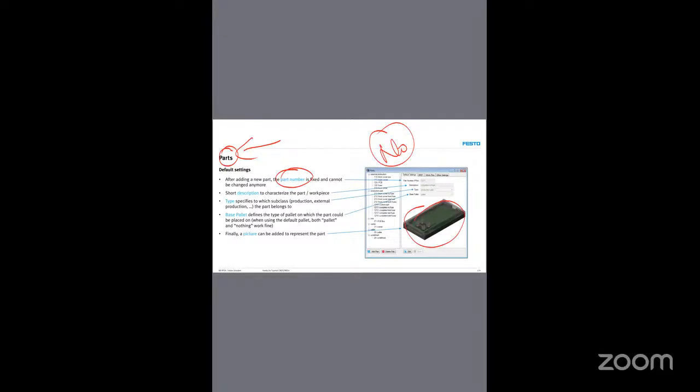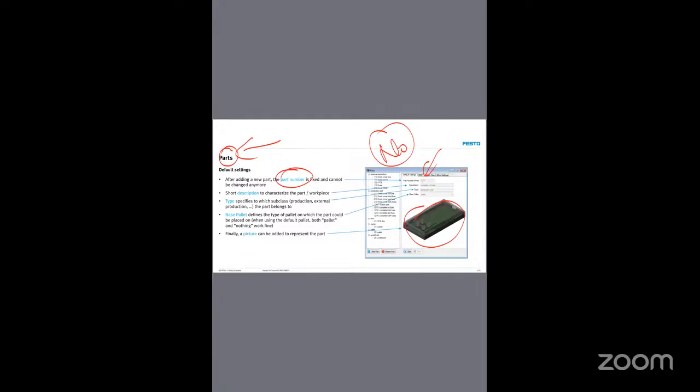You cannot change it later, and a description will also be there, for example front cover or back cover. Then type: you have to include which kind of part, is it a production part, external part, purchased part, etc.